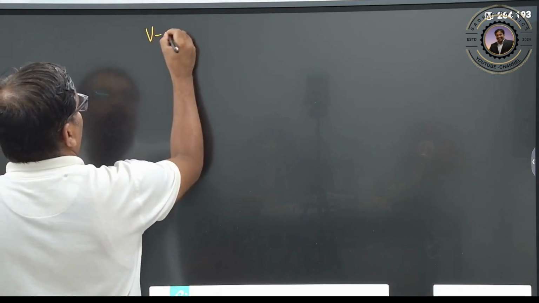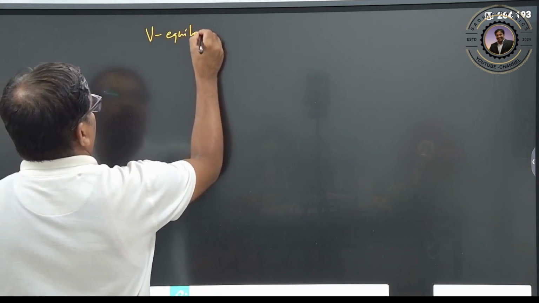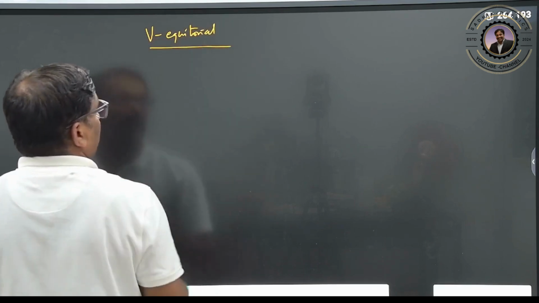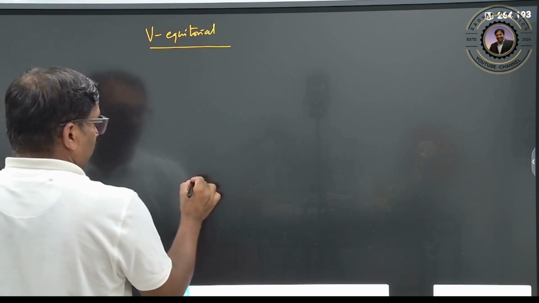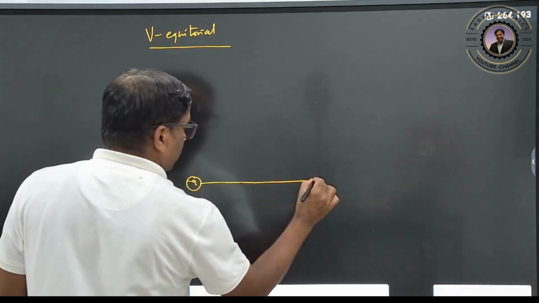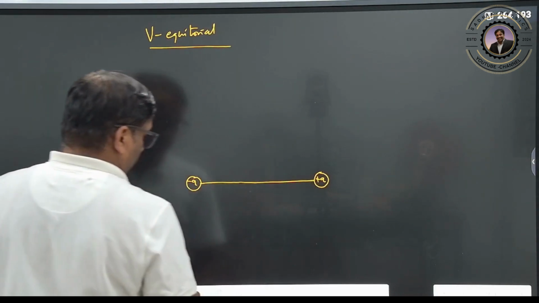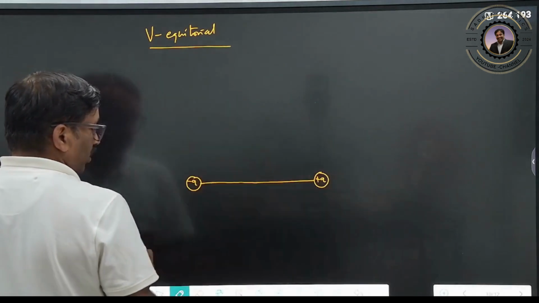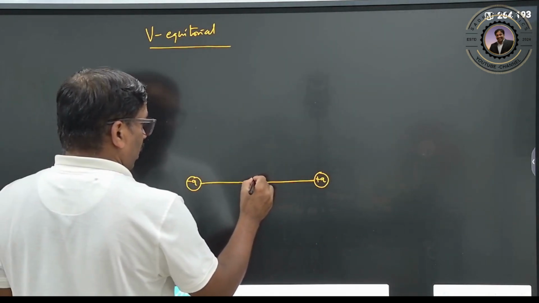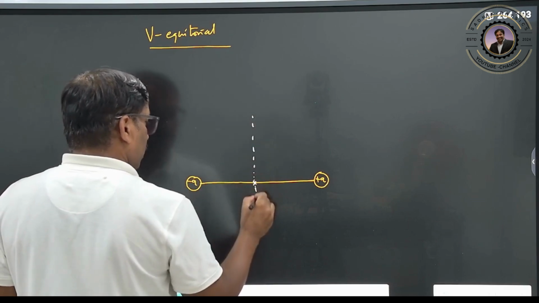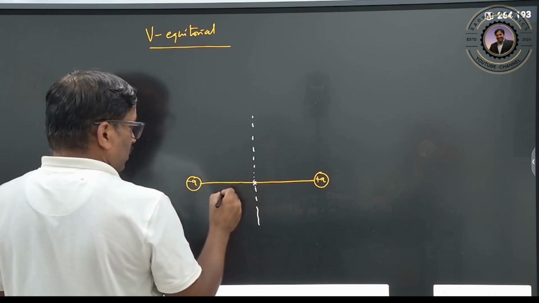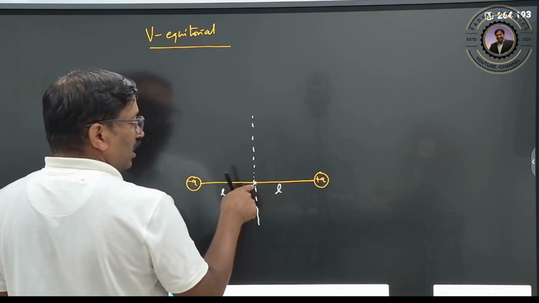Therefore, the potential due to the dipole along the equatorial line. This is your minus Q, and here it will be the plus Q. One interesting point: along the equatorial line, it is the same distance and same charge magnitude, therefore potential at this point is 0.